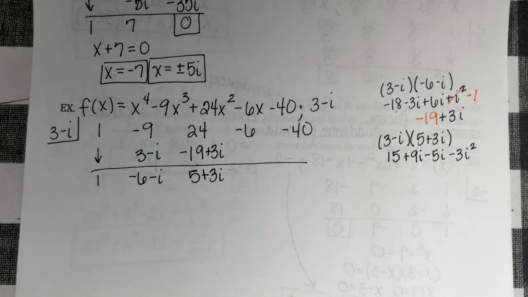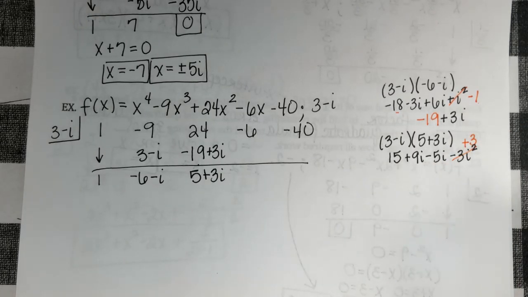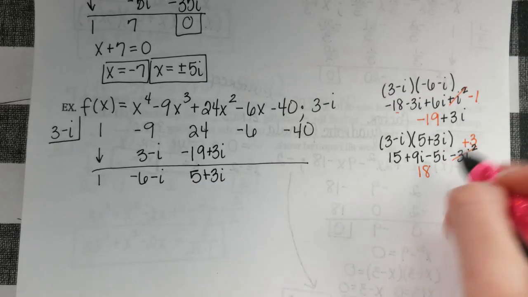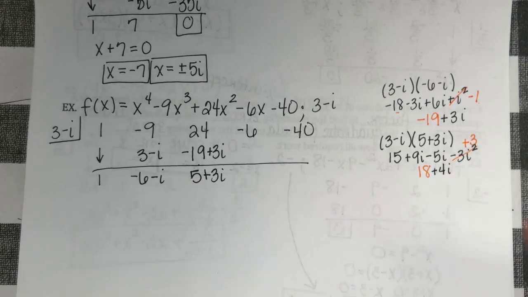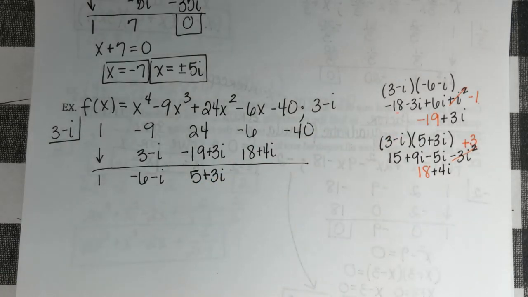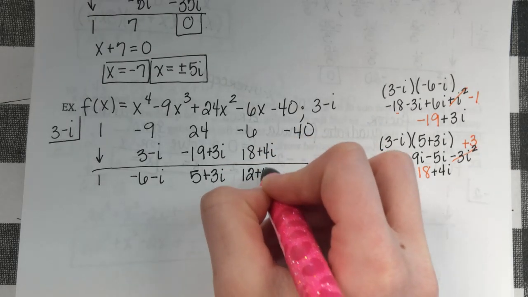The minus 3i squared turns to what? Plus 3. 15 plus 3, 18 plus 4i. So negative 6 plus 18 gives me 12 plus 4i.